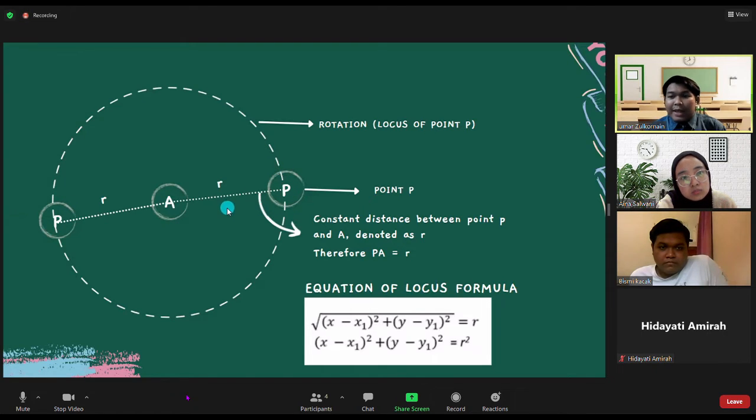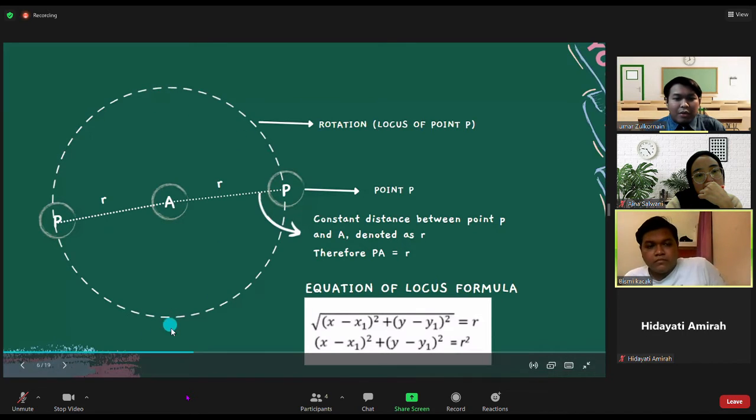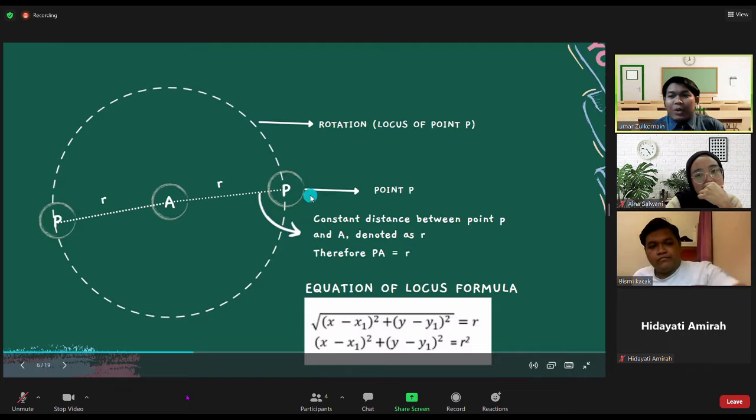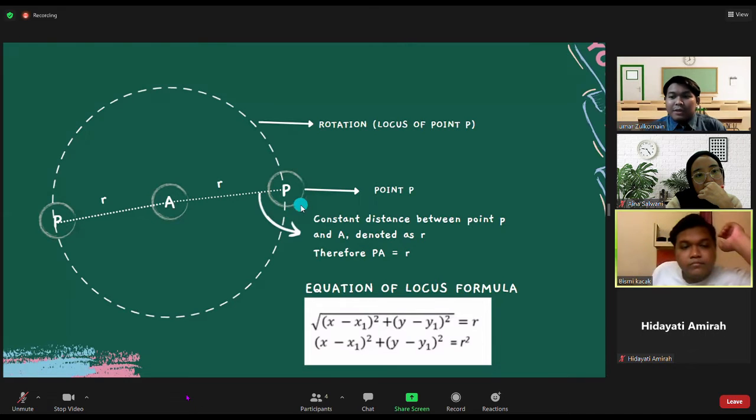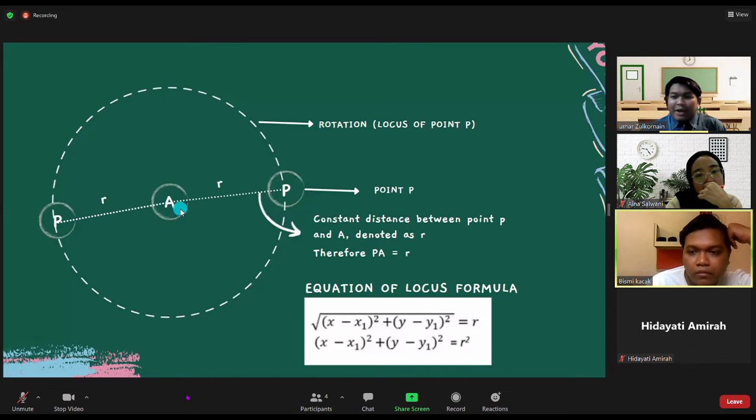Between A and P, there is a constant distance of R. So no matter where you put P, whether up here or down here, or at the left or at the right, it will have a constant distance. That is why when P is moving, it will form a circle around the center point A. Do you understand?